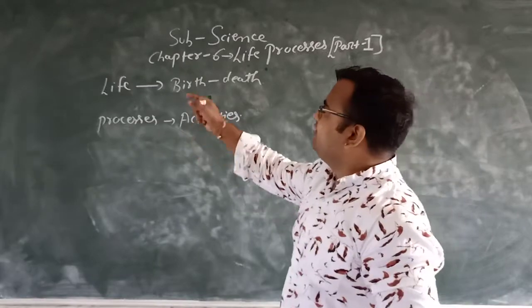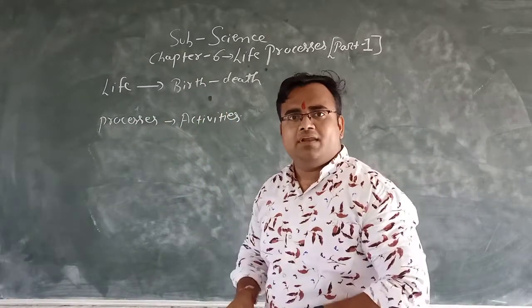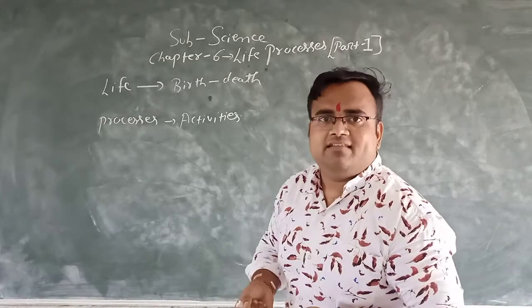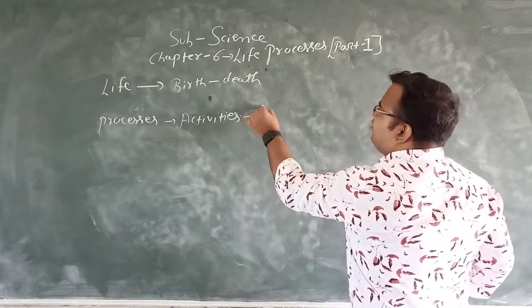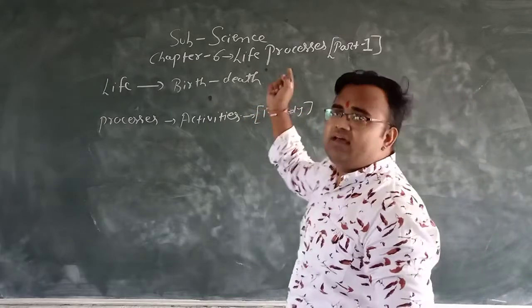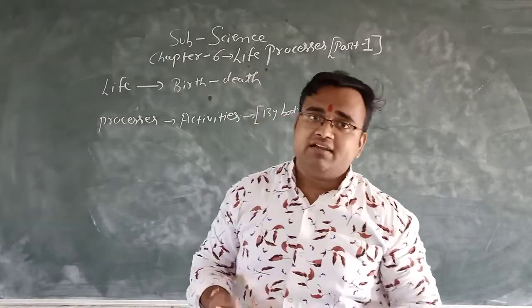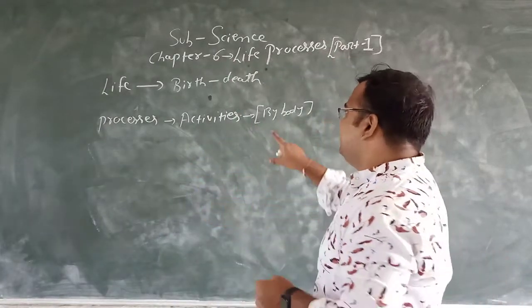Life means the period between birth to death, and in that period, whatever activities are performed by our body are known as the life process. Which are the activities the body performs in our life period?